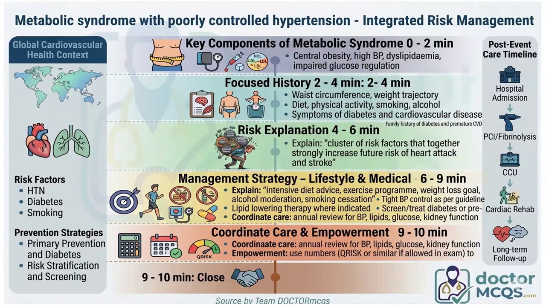Core investigations in this: I want to review your bloods like urea, electrolytes and eGFR, especially fasting lipids, HbA1c or fasting glucose, LFTs, and urine ACR. LFTs are important because fatty liver can be the hidden thing in metabolic, and consider an ECG to look for left ventricular hypertrophy. So these are the basic investigations, after that you will move on to the management plan.